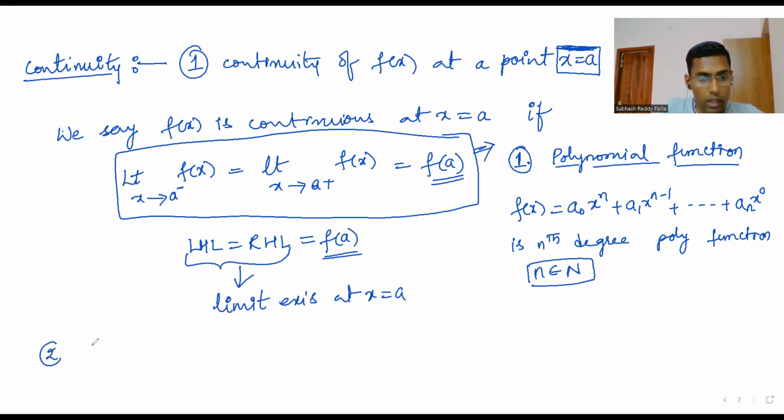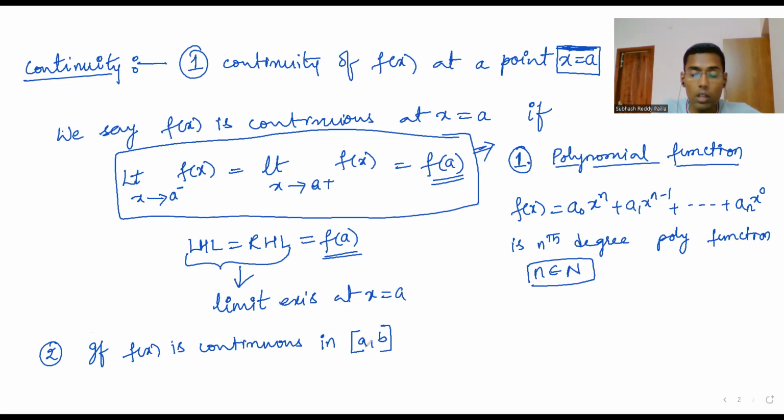Second, if f of x is continuous in an interval, I'm writing a to b.